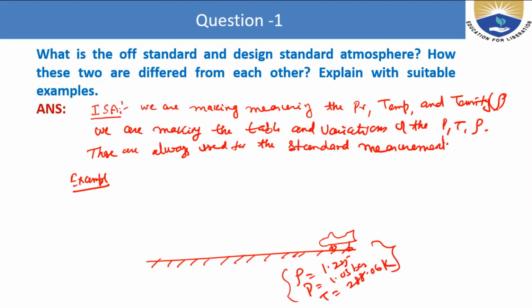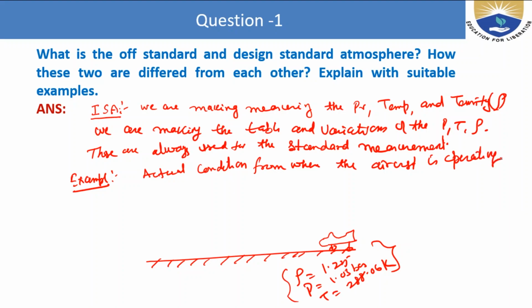So this condition, the actual condition from where the aircraft is operating, may not be the same. That is called off standard.